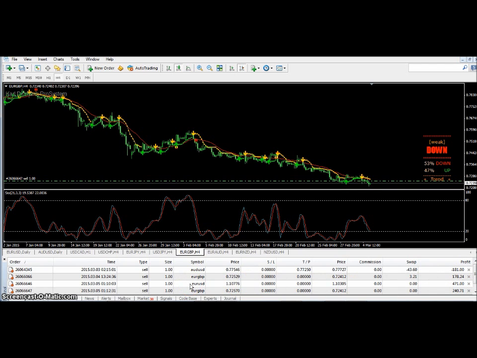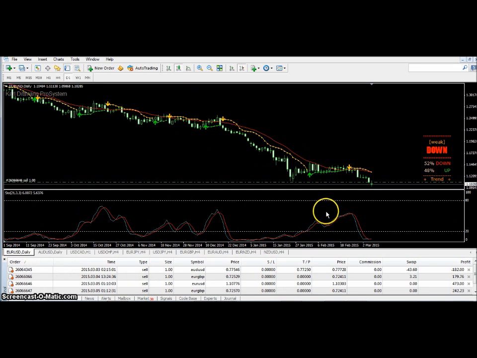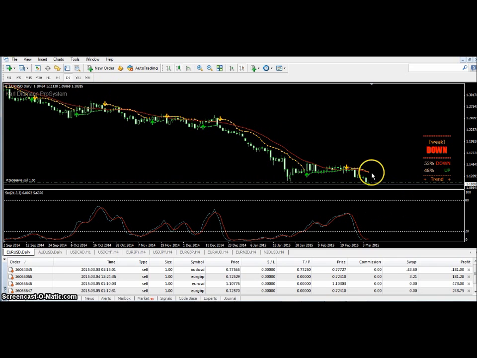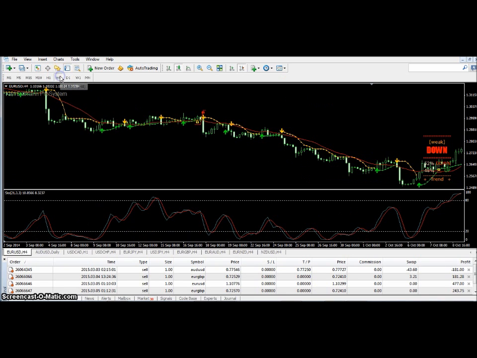The Euro USD. When I turned this thing on, it was $500 in profit. But you can see on the daily chart, it's below my custom moving averages, way below.